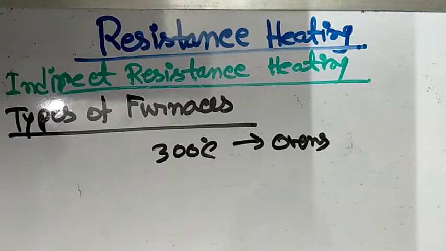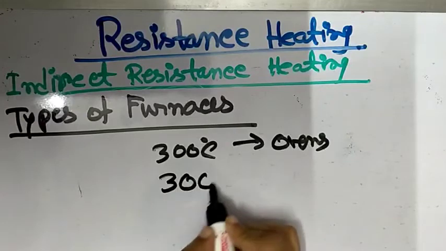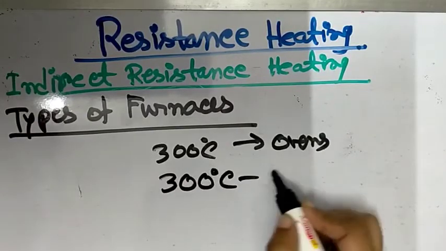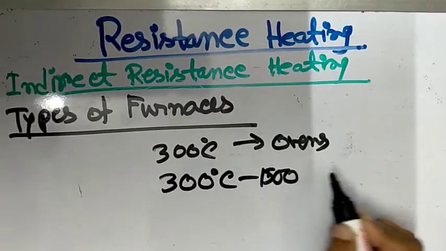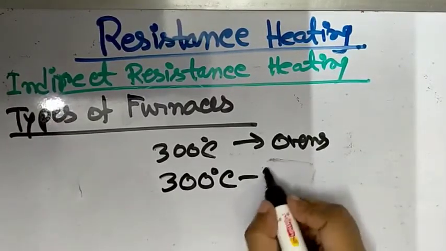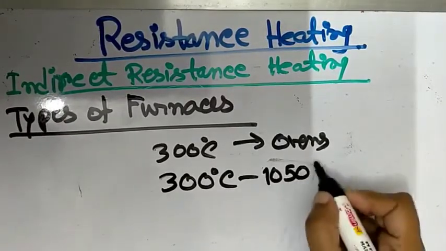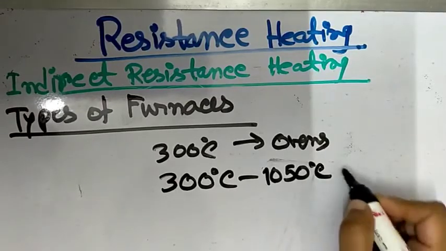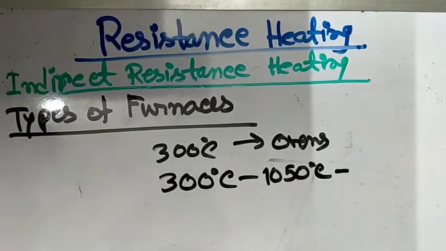Medium temperature furnaces have working temperature between 300 degree to 1050 degree centigrade, and are used for annealing, normalizing of steel and non-ferrous metals, and melting of non-ferrous metals and stove enameling.